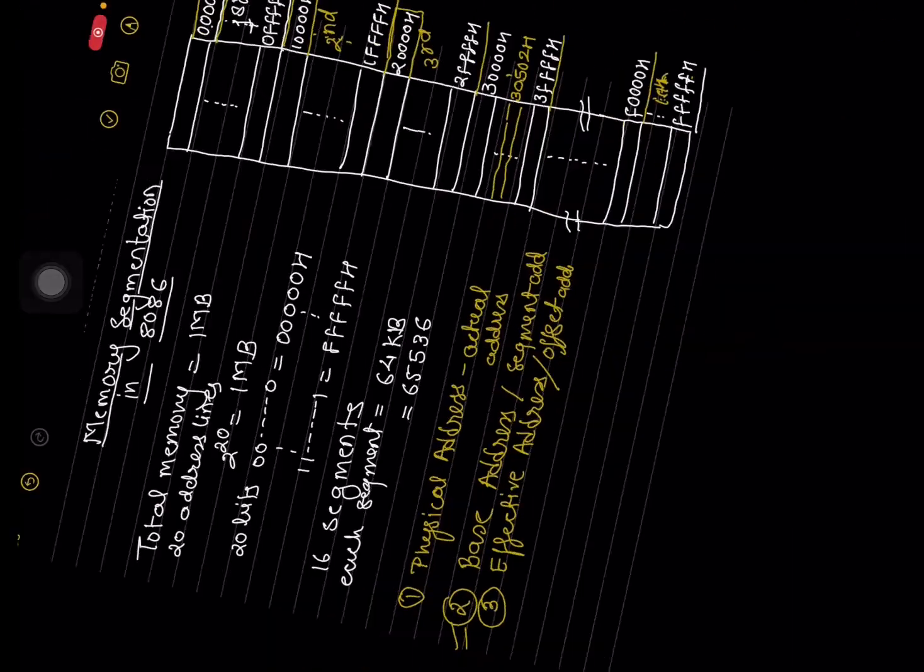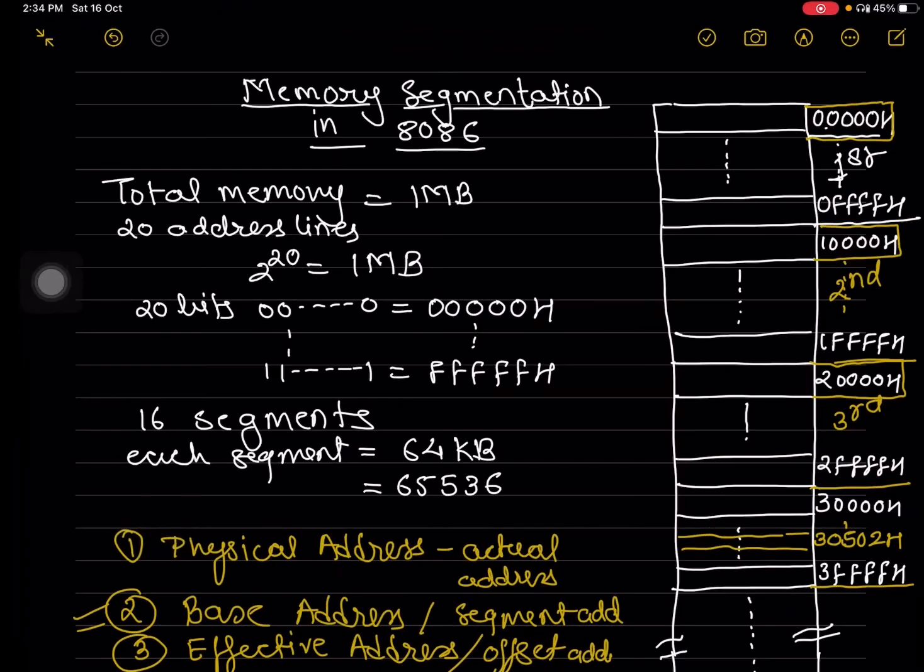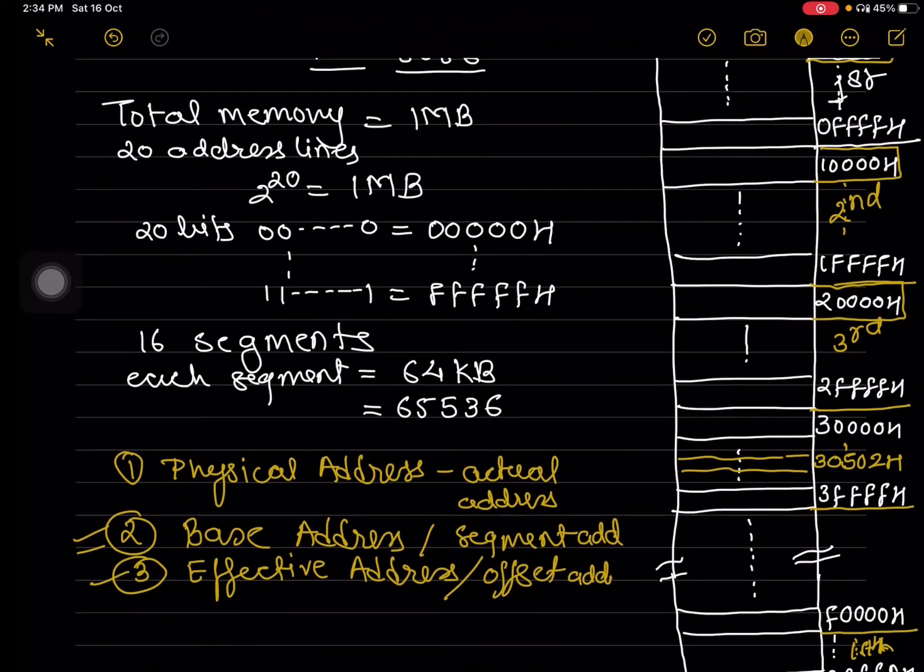Now if I consider the next term, the effective address, let us discuss it in this manner. For example, consider a segment which starts from 10000H and ends at 1FFFFH. If I consider its first location, it is 0 locations apart from the starting location. The next location is 1 location apart from the starting location.